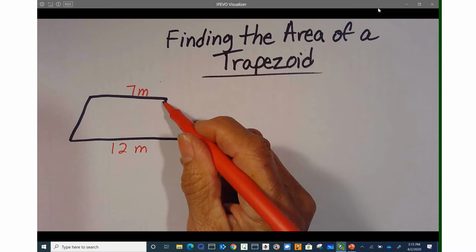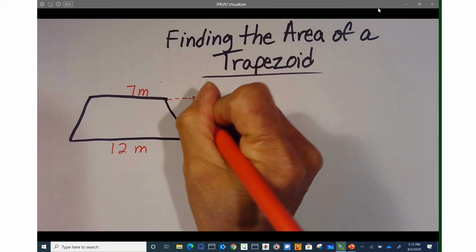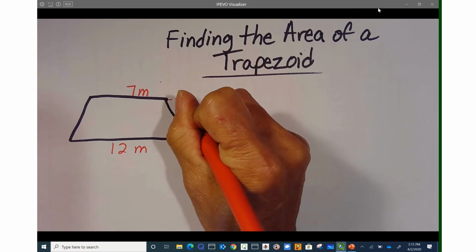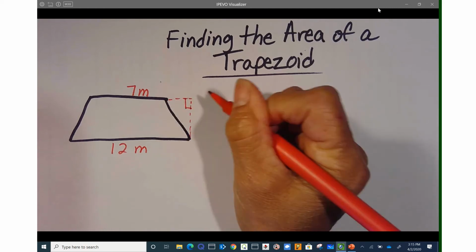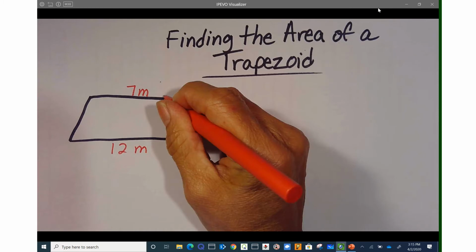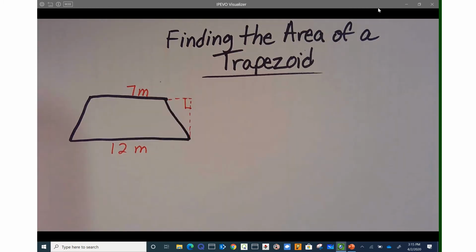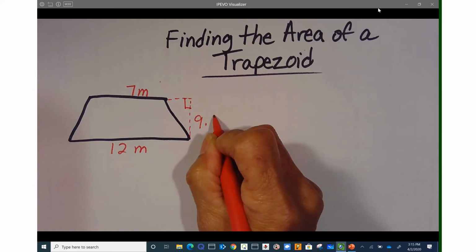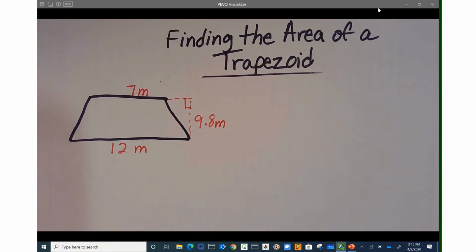I'm going to identify this part right here as my right angle, right where the two bases meet. That is going to be 9.8 meters.